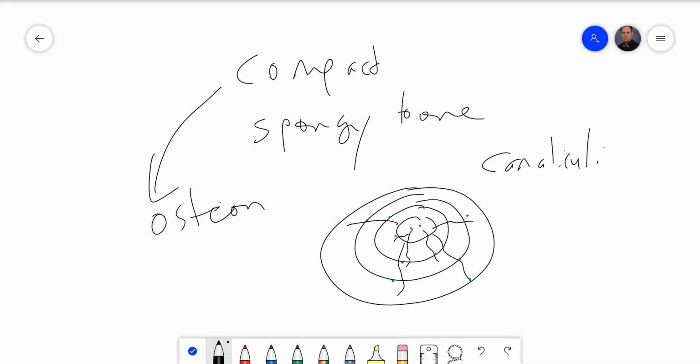You're not diffusing through bone. So these little channels are cut through so that nutrients can diffuse from the blood vessels here in the central canal out to each little cell. The space around each cell is called the lacuna.